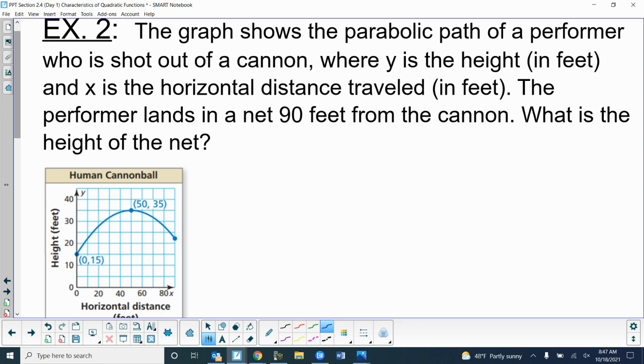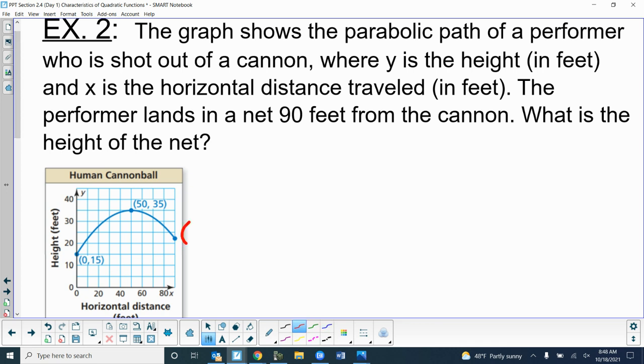Okay? So we need to find the equation first, and then we got to figure out how high the net is, right? This person got shot out of a cannon, right? Circus performer, right? Okay, so over here at this point, we're looking for this point here, basically, right?